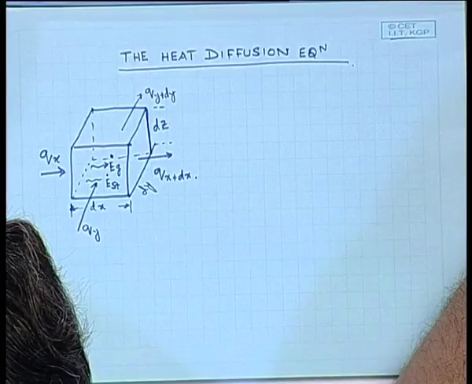There we have seen that the heat flux is proportional to the temperature gradient, and the proportionality constant is k, the thermal conductivity. So q double prime equals minus k dT/dx. The minus sign signifies that heat travels from high temperature to low temperature.